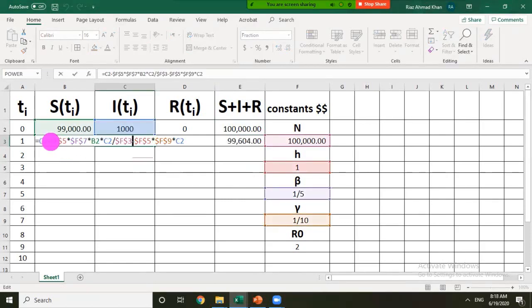Sorry, in this formula I forgot to write plus here. Now it is all right.